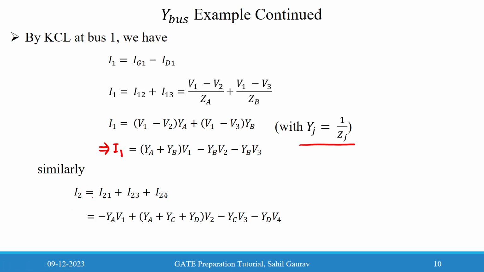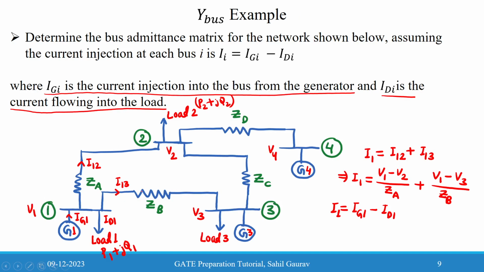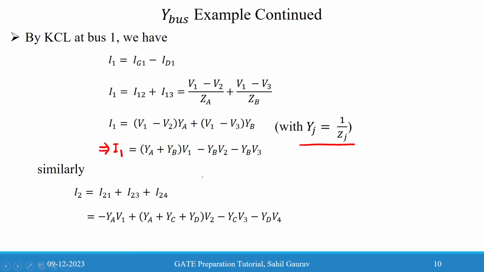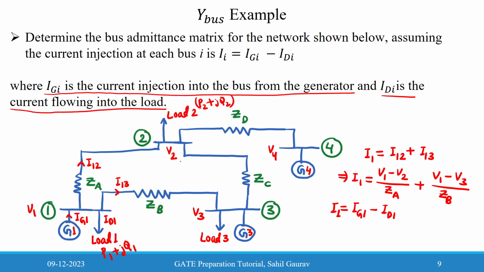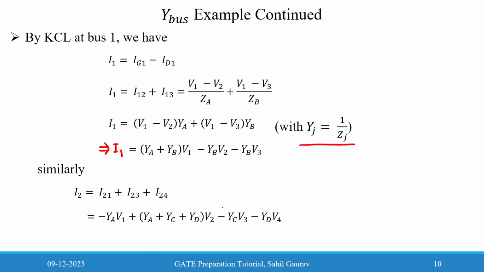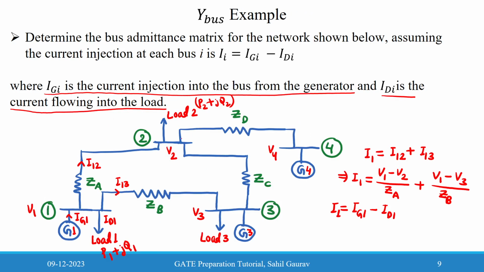Similarly, you can find I2. So how can you find I2? We have considered that from each bus, current is flowing out from that bus. So here I have written down I21, then I23, and then I24. They are the three lines connected to bus 2.